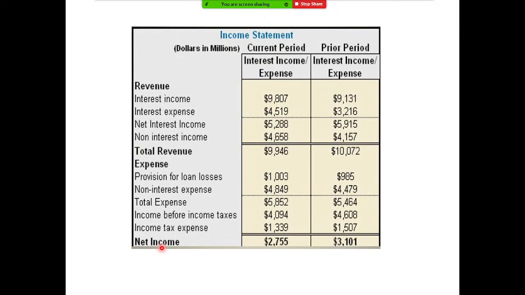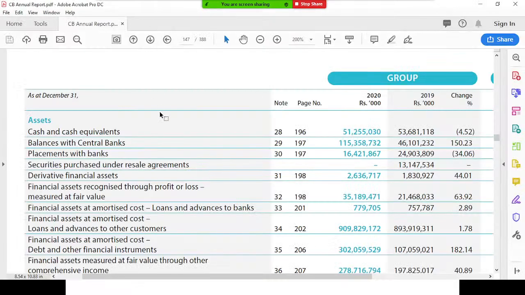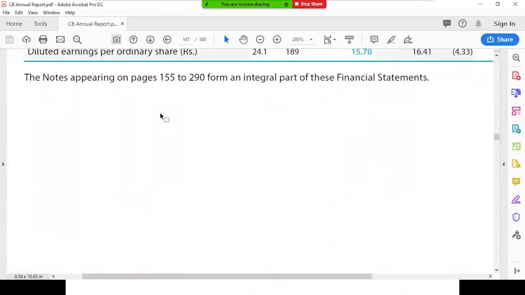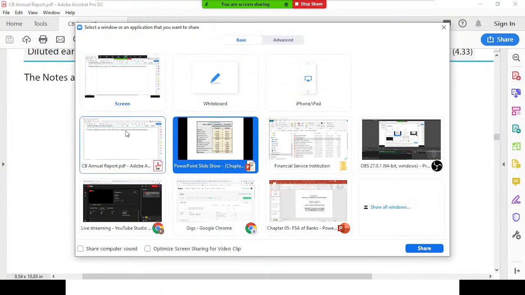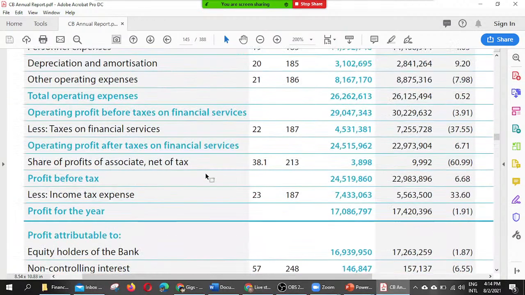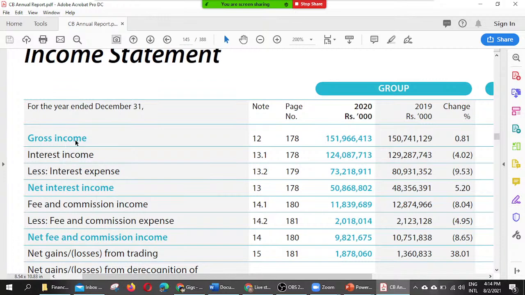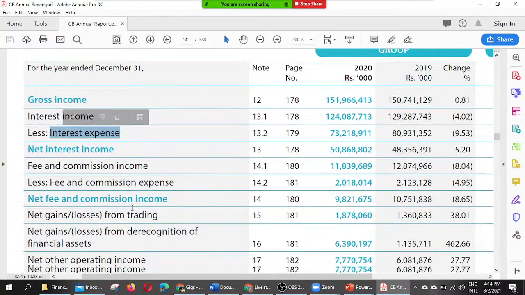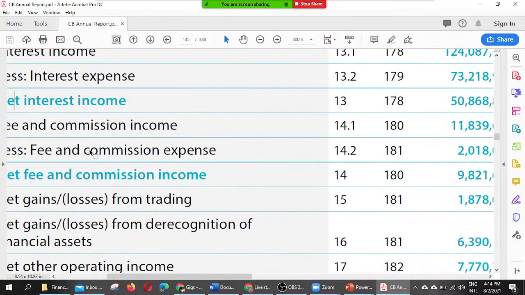Right, I will show you the income statement of a commercial bank. Alright, here you can find interest income minus interest expense equals net interest income.